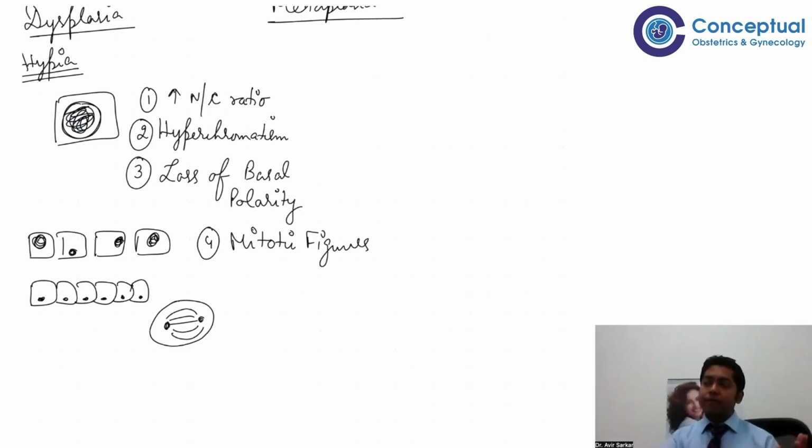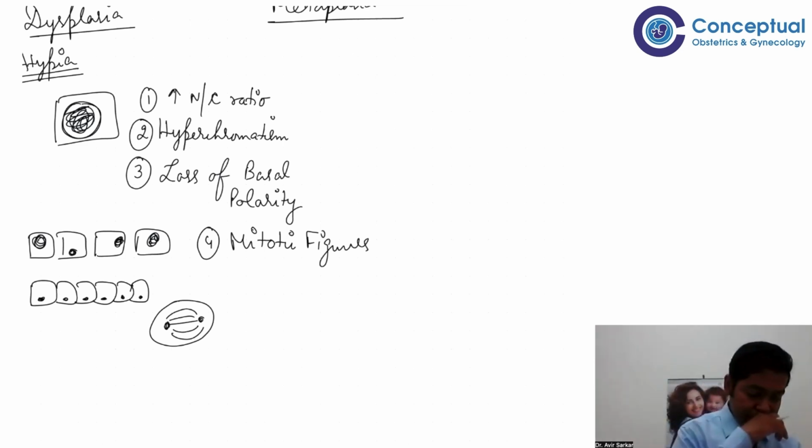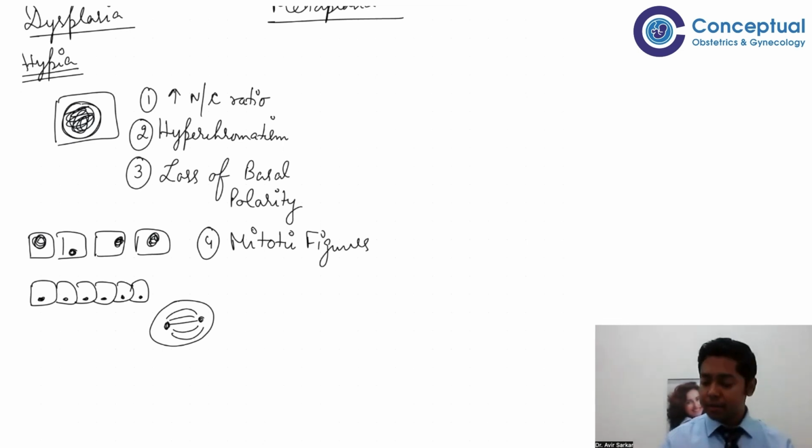So the presence of these mitotic figures will also help us in differentiating whether the cells are having malignant features or not. And number five is anisopoikilocytosis.